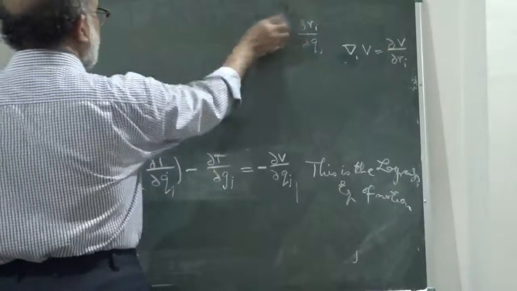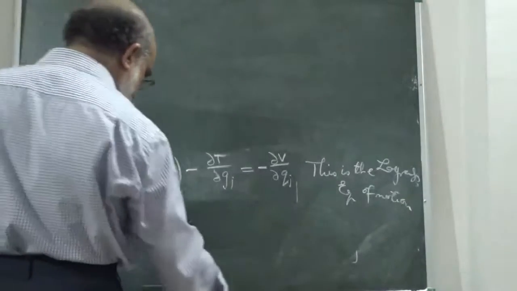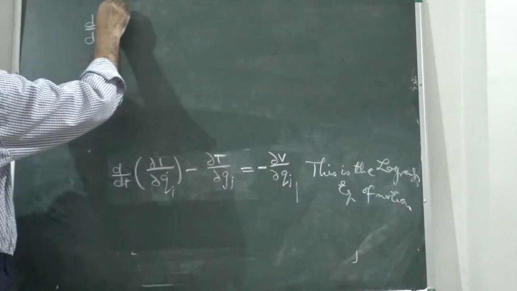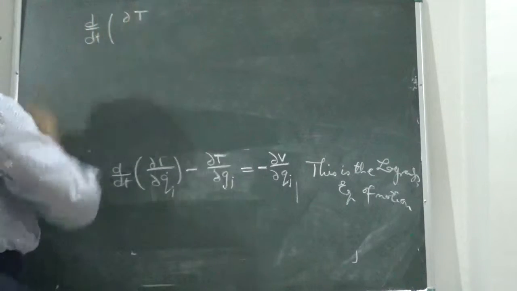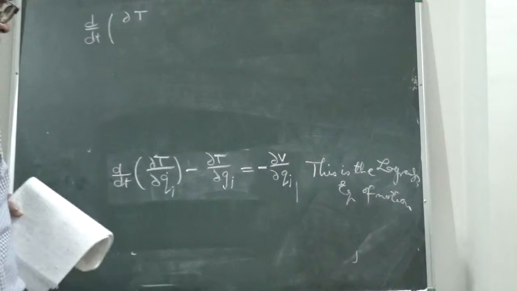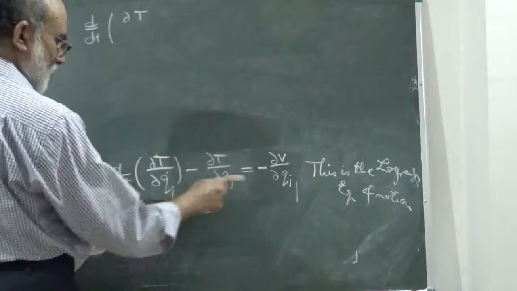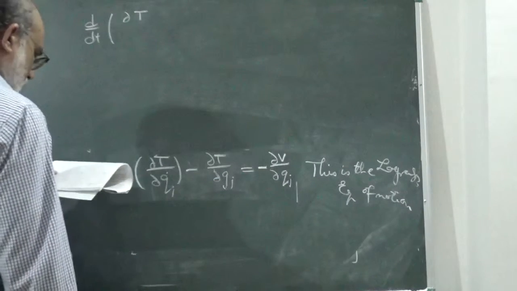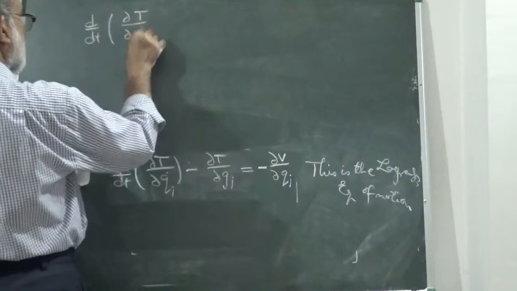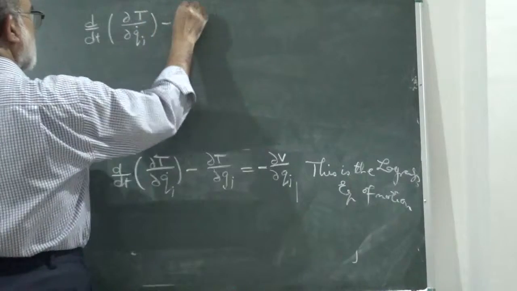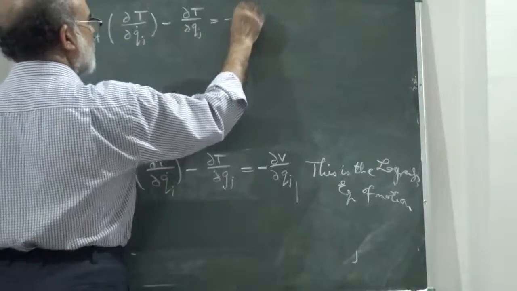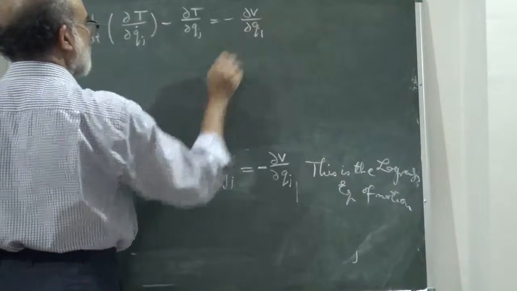Now you can write this in another manner. You can simply arrange this. It's summation over j, because the repeated index is here qj. So it is delta T by delta qj dot minus delta T by delta qj is equal to minus delta V by delta qj.